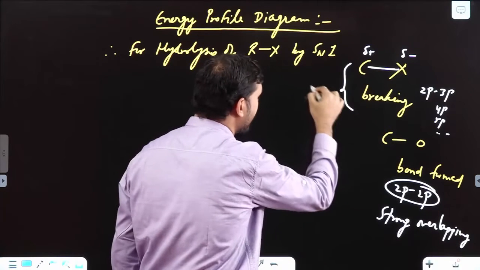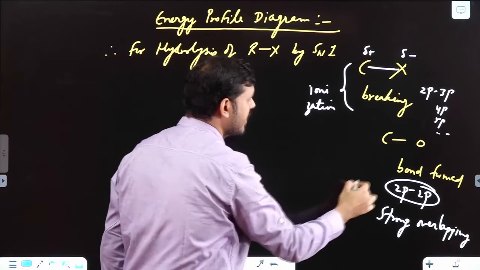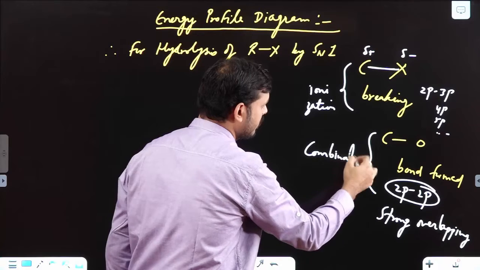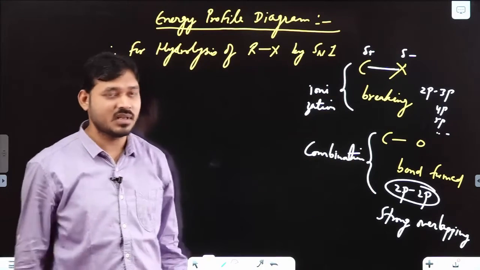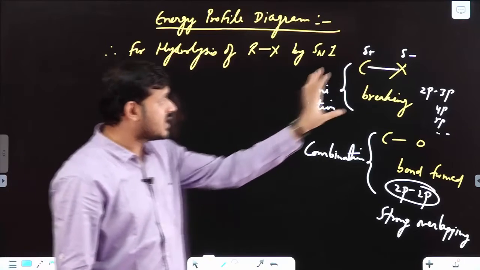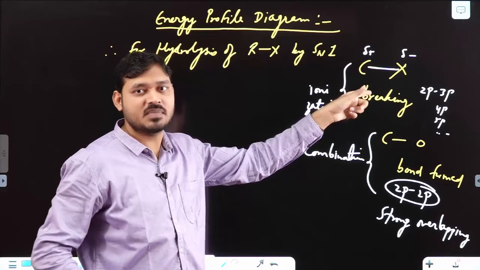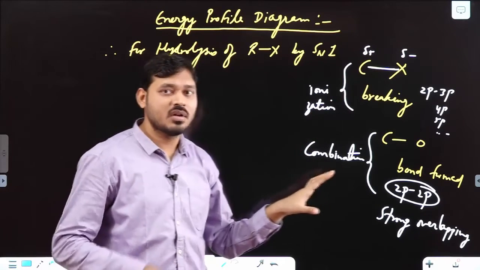Now let us understand one more part. This part is your ionization in SN1 and this part is your combination. It means first bond breaking, then bond formation, a two-step process. Now this is the energy required, the endothermic part. But that energy is supplied by what?